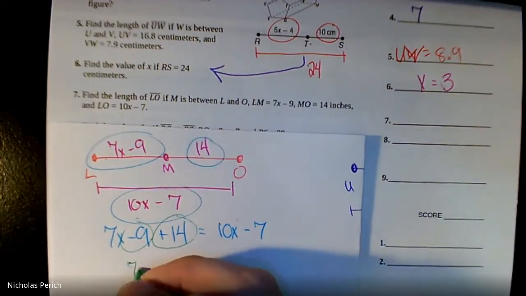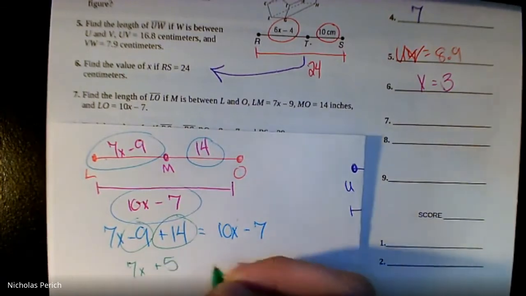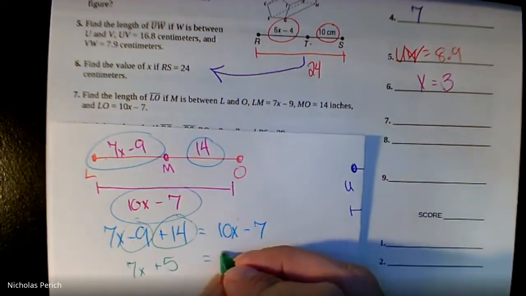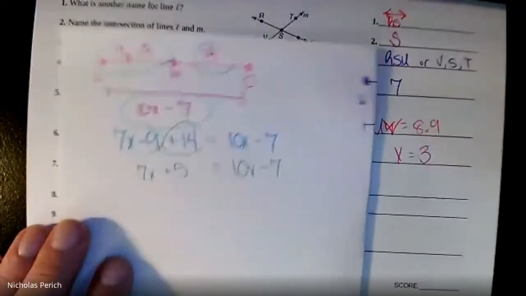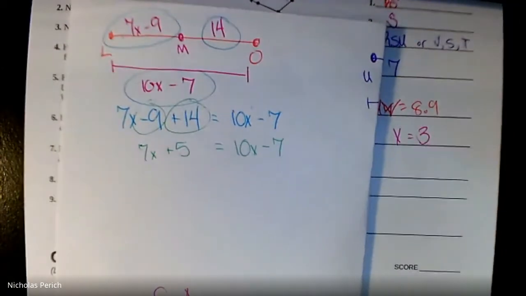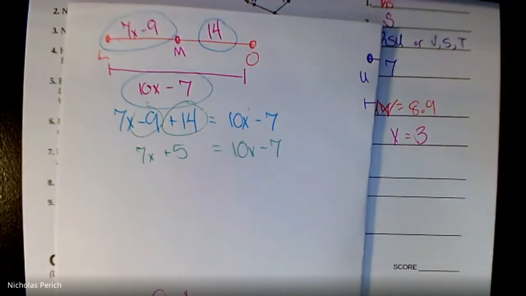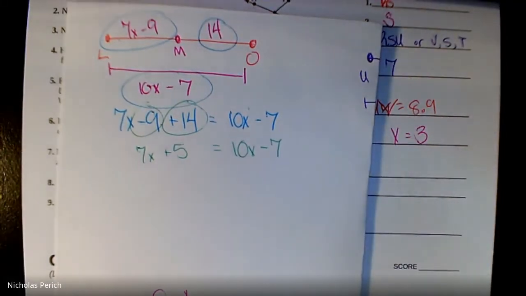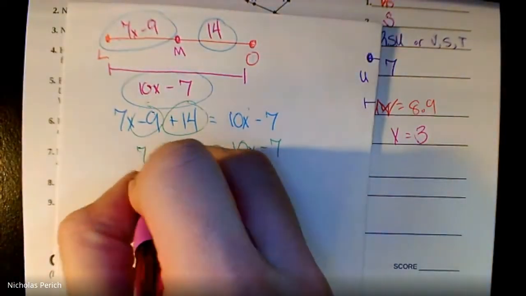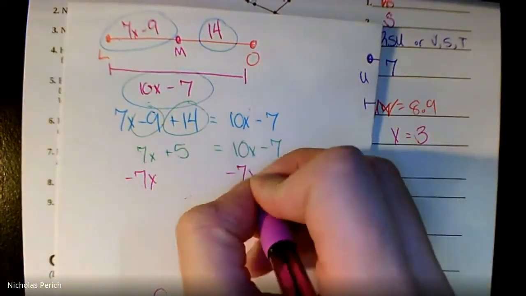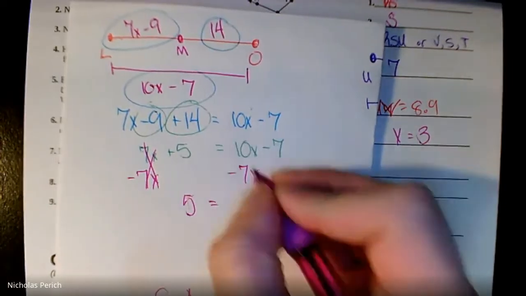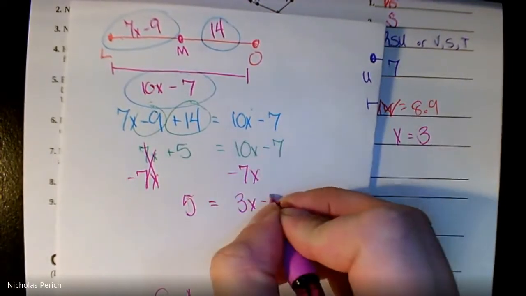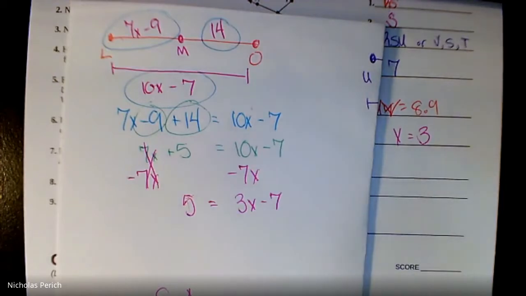I have like terms that I can combine. 7x plus 5 equals 10x minus 7. So let me just move that up so you can see the important part, which is the math. Subtract 7x, subtract 7x, cross you out. I'm going to bring down that 5 equals 3x minus 7.